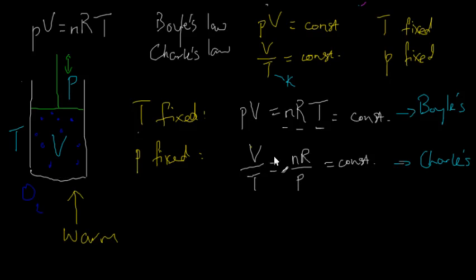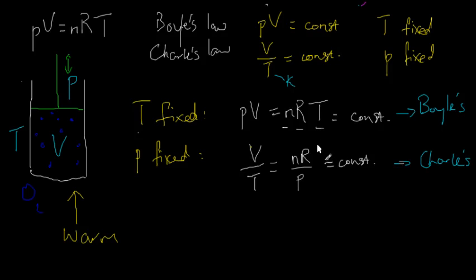So unlike the constants in Boyle's law and Charles' law that can be different for different gases and different masses, and you just have to make the measurement for each gas and find out that constant. It's lots of work, very inconvenient.